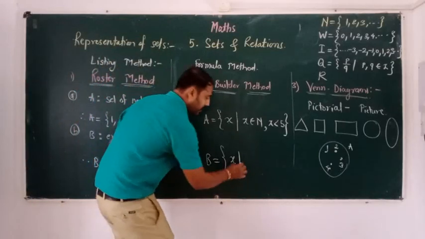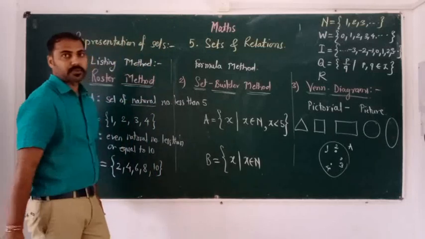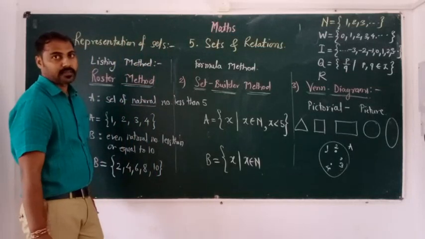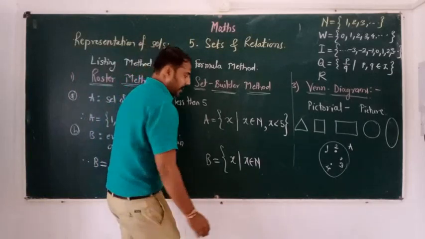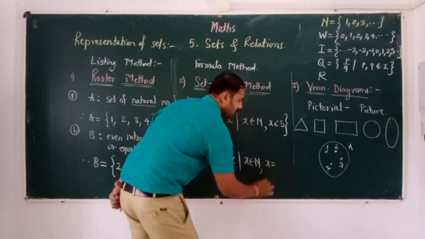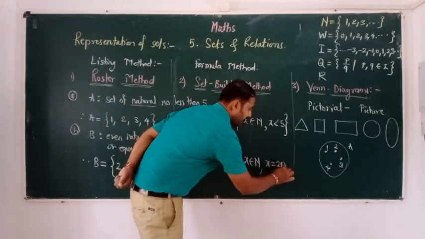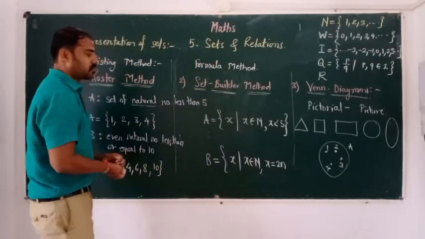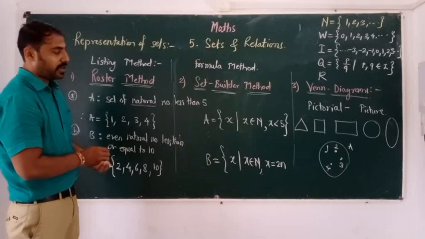So I can write x belongs to N. The second condition is x equals 2n, the formula for even numbers, 2 into n.